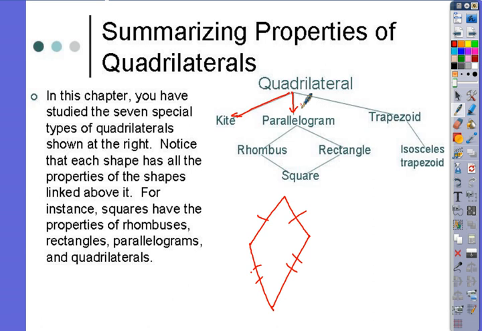What's the definition of a parallelogram? Two pairs of opposite parallel sides, right? That's the definition of a parallelogram, a quadrilateral with two pairs of opposite parallel sides.